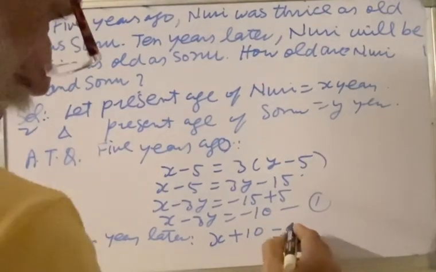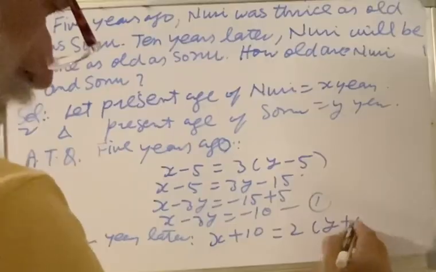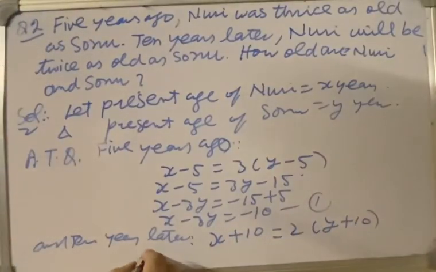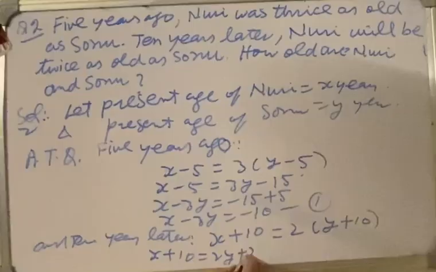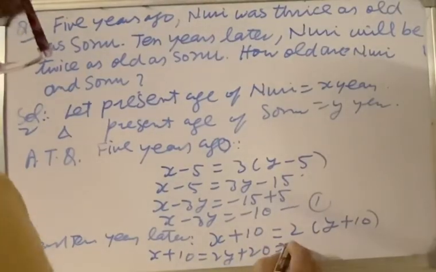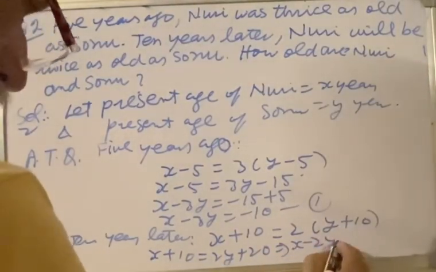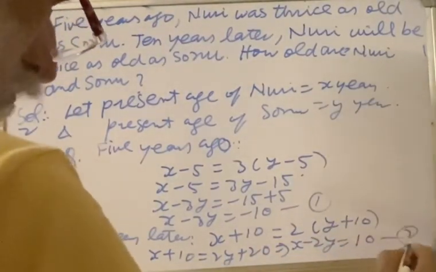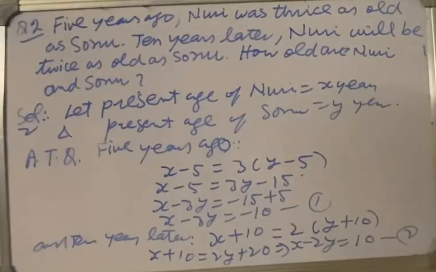It will be twice, twice into y plus 10. So simplify this. x plus 10 is equal to 2y plus 20. So x minus 2y is equal to 10. This is the second equation.